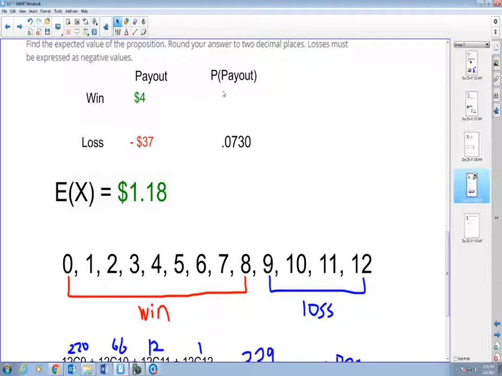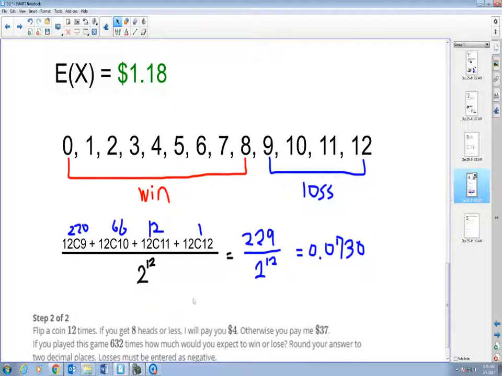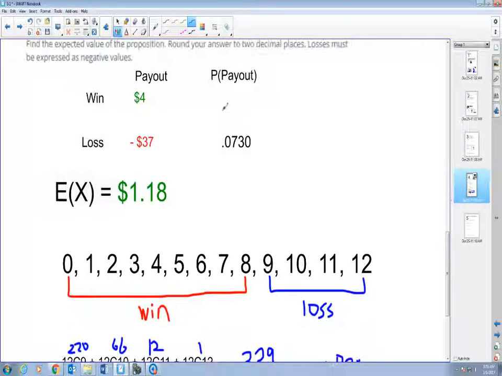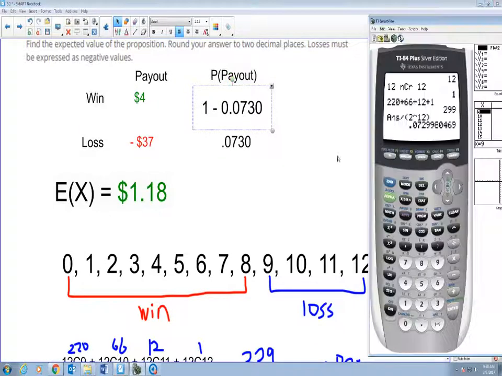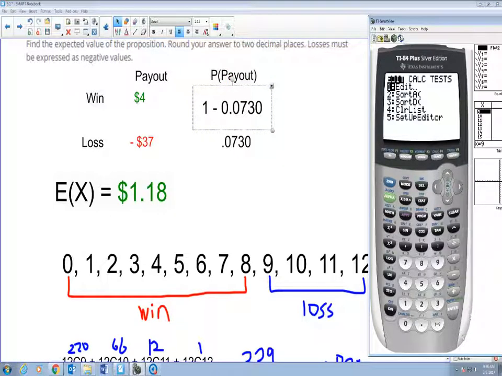So my chance of winning has to be 1 minus that. So I will win if I do 1 minus that. This is going to round to 4 decimal places already when I type it. So let's type it in. Win 4, lose -$37.